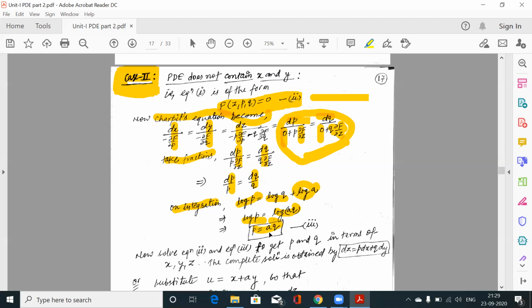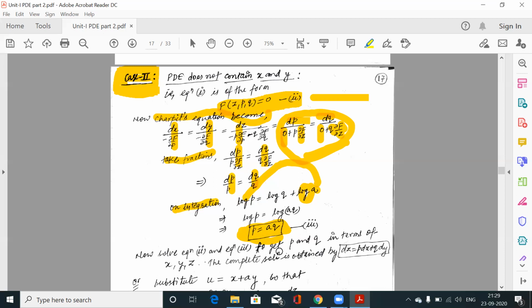So this is our required equation. Or we can do one thing also: because this is an integrating constant, we can add this log a on this side also. In that way we can get q is equal to ap. So both are acceptable. We can use either equation, either p is equal to aq or q is equal to ap.